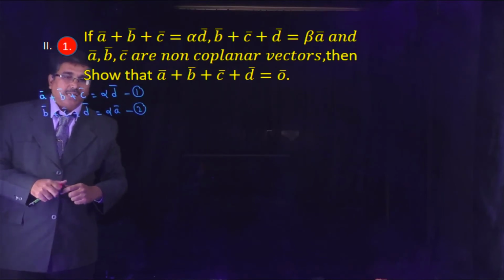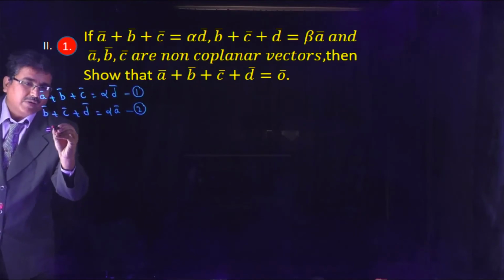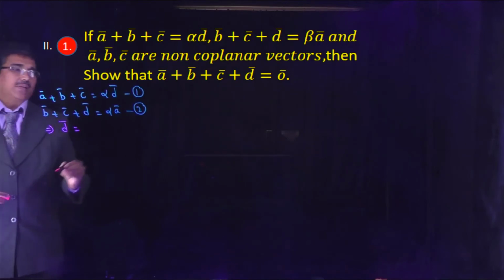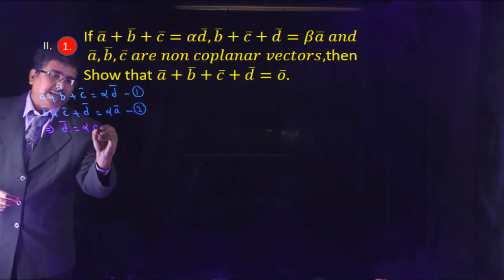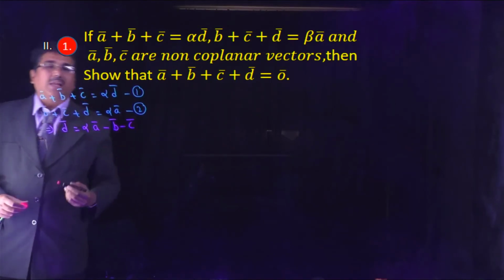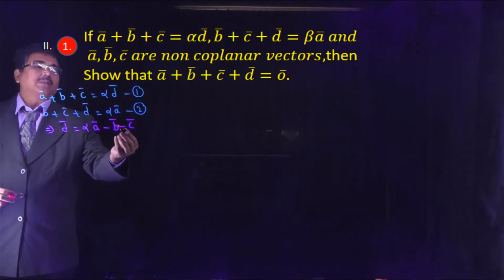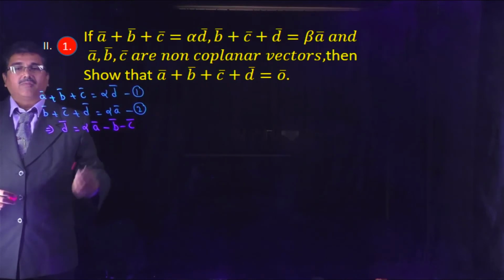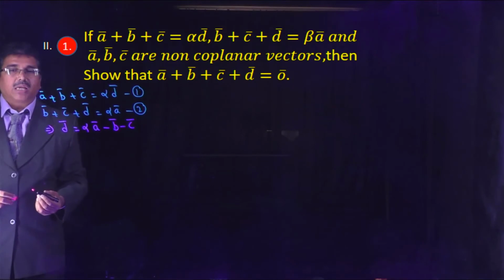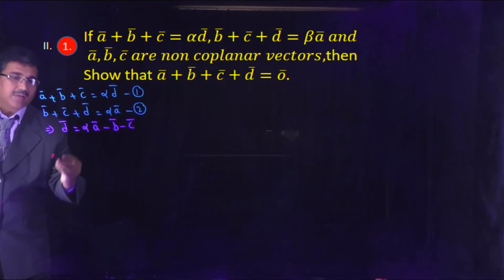For that, from equation 2, what is d bar? D bar is equal to alpha times a bar minus b bar minus c bar. Substitute the vector d bar in equation 1.